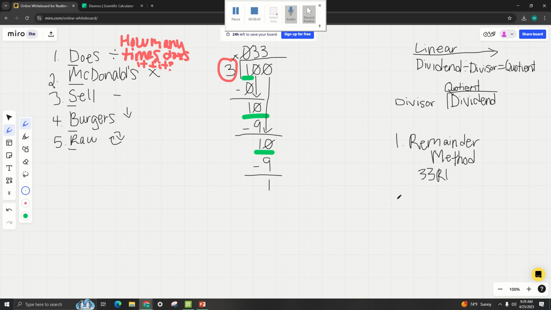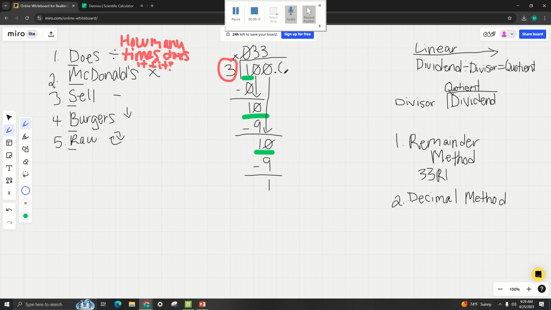So our second method is going to be the decimal method. And let me just have a moment to write this all out. There we go. And with that, what we're going to do is we're actually going to create a decimal place inside of our dividend here.